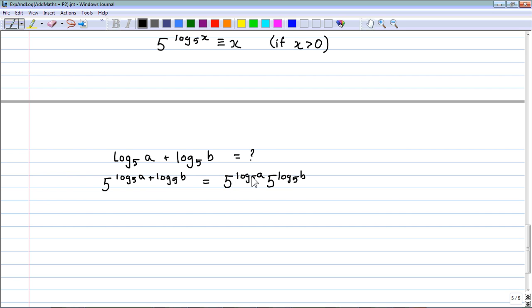Now these are inverse functions, so this is giving me a times b.